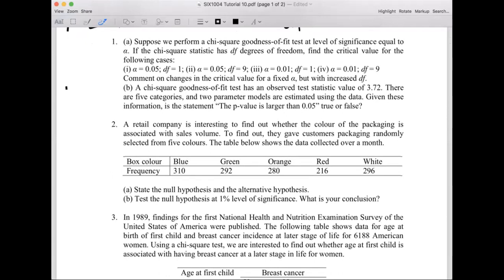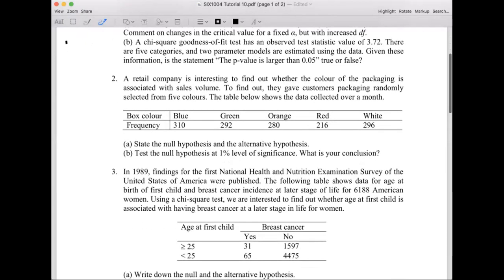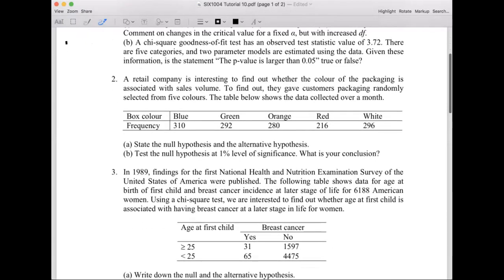Okay, I think we can actually skip this. This is actually quite easy to do. These are your observed frequencies, right? Under the null hypothesis, all the colors have equal preference. So you've got 5 types of colors, so the probability for each type will be 1 out of 5.